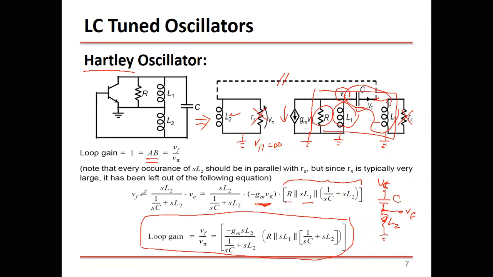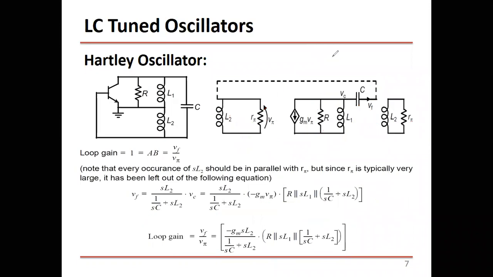So again, we find VF as a function of VC. Okay, let me just delete everything. So we find first VF, this voltage, as a function of this voltage. And as I said, this is a voltage divider.